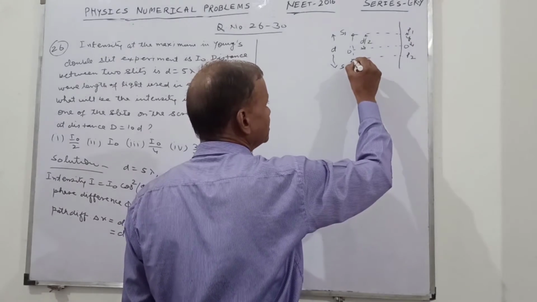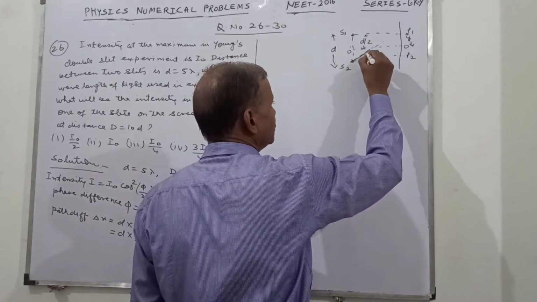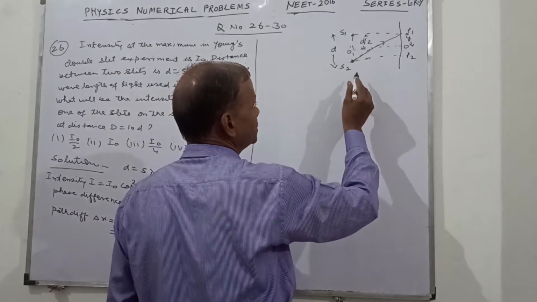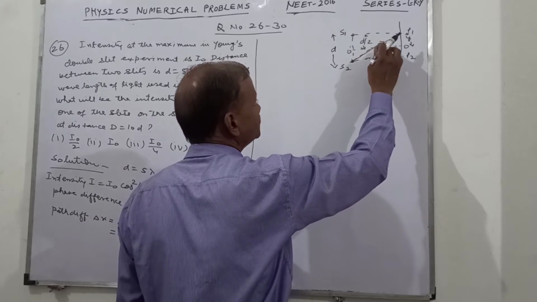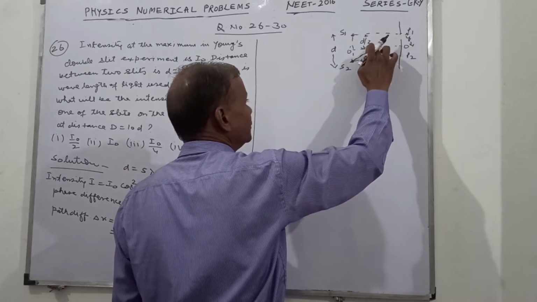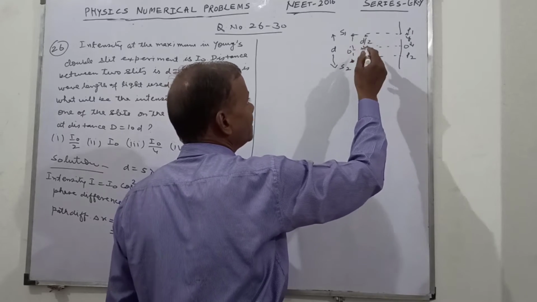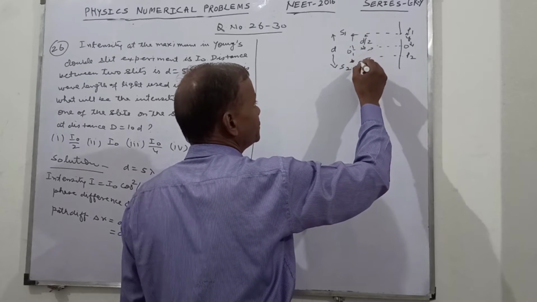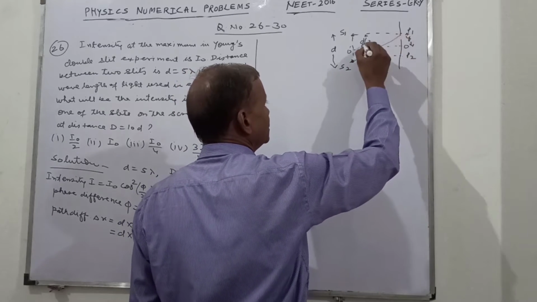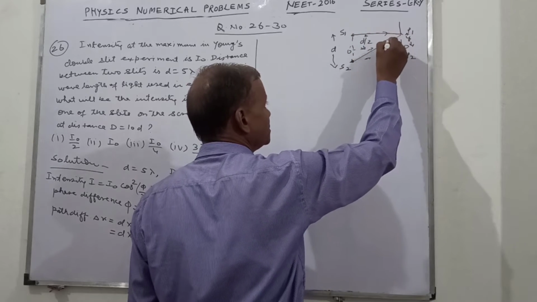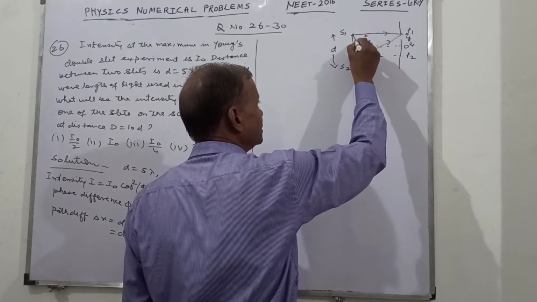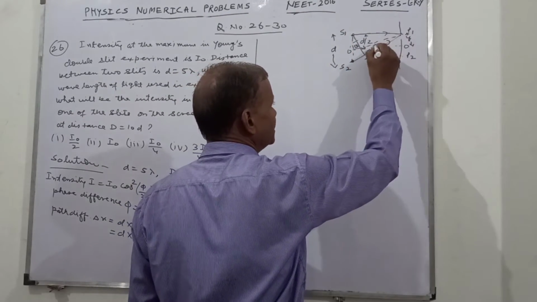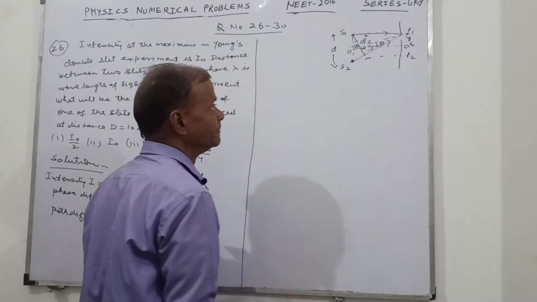Then the path difference between these waves is so much. If we drop the perpendicular, then this angle is theta. If you drop the perpendicular from this one, then this angle will also come out to be theta.